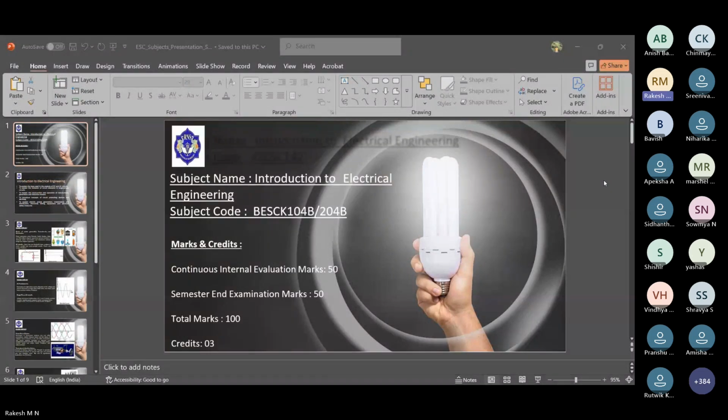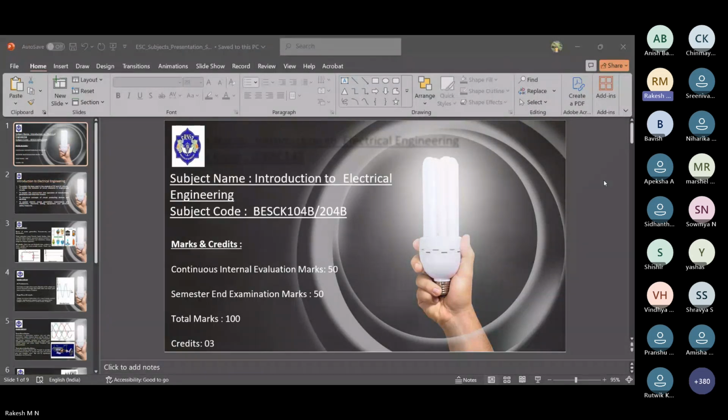As far as marks and credits are concerned, continuous internal evaluation is, as told by Srinivas Babu sir in the previous presentation, for 50 marks, which will have a breakup of 30 marks of written test and 20 marks with assignment and other parameters. Then the semester end exam will be conducted for 100 marks, and the marks scored will be scaled down to 50.